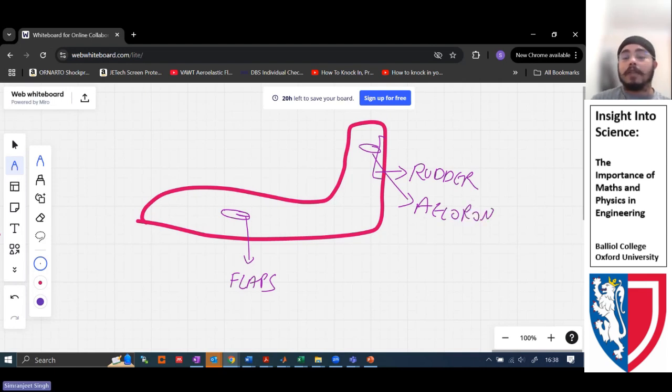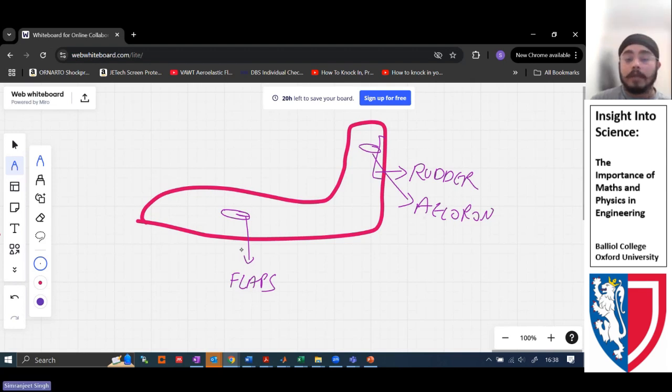Now, without these control surfaces, your airplane cannot fly because you need to do pitch up, pitch down, rudder, that is your moment, and aileron in order to rotate the airplane, in order to reach your destination. If you have these control surfaces, only then you can actually be able to fly an airplane.